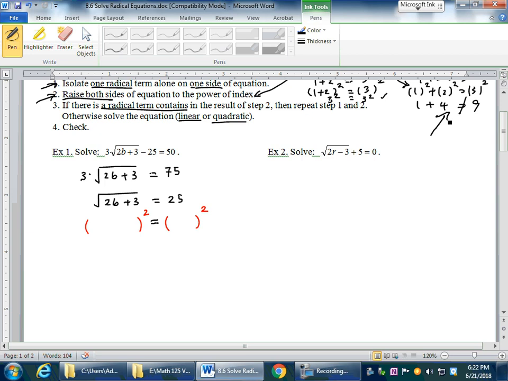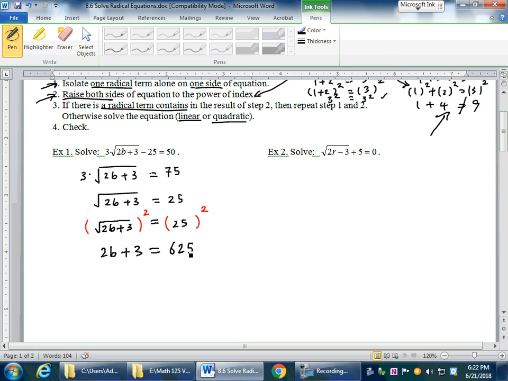Now the square root and square cancel out, so that will become 2b plus 3 is equal to 25 to the second power, that is equal to 625.